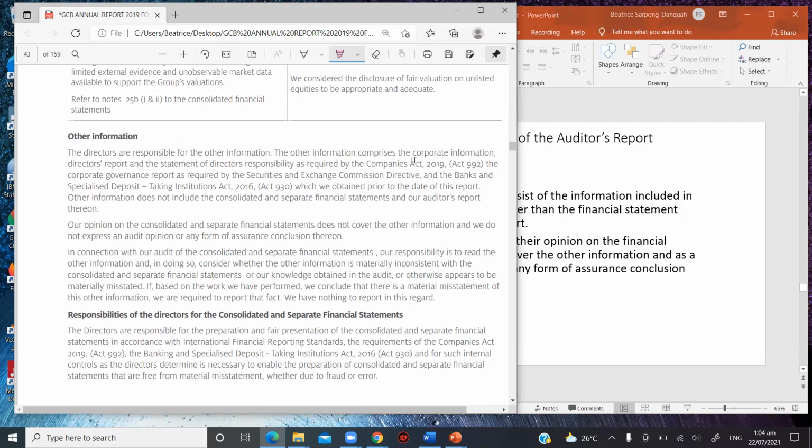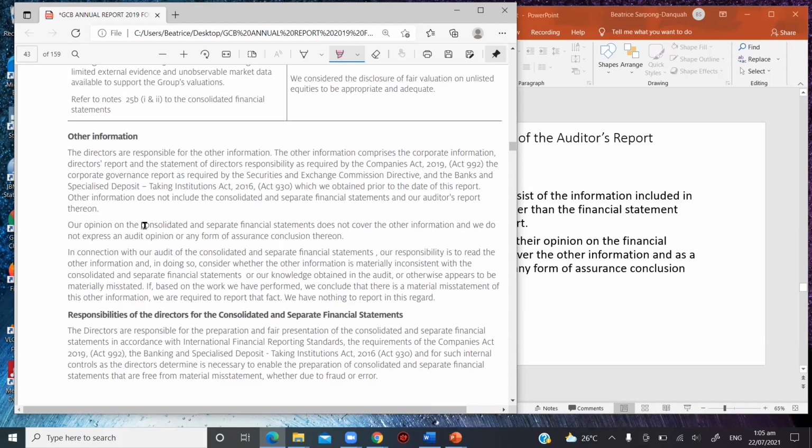The other information comprises the corporate information, directors' report, statement of directors' responsibility as required by the Companies Act, and the corporate governance report as required by the Securities and Exchange Commission Directive, and the banks and specialized deposit-taking institutions, which we obtained prior to the date of this report. Other information does not include the consolidated and separate financial statements and our auditor's report thereon.